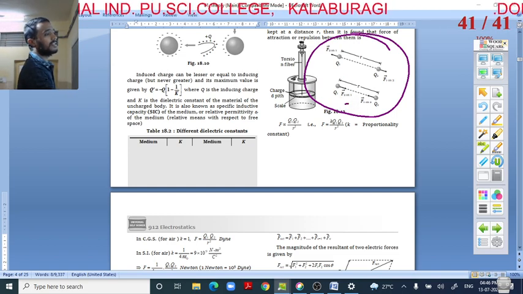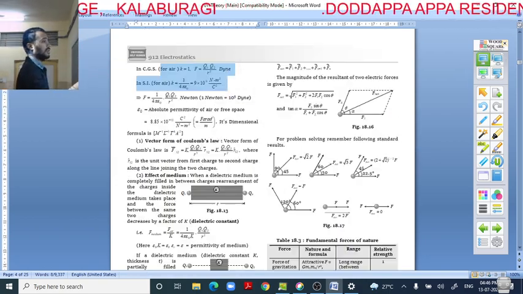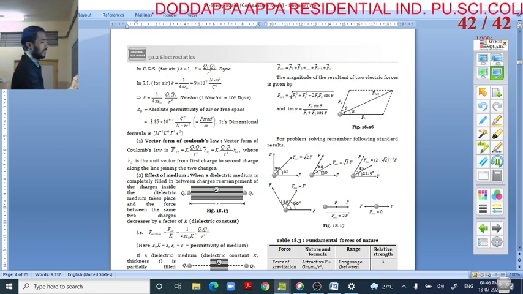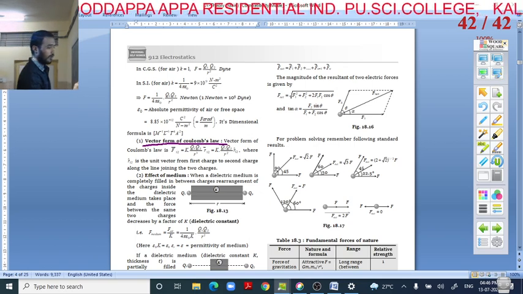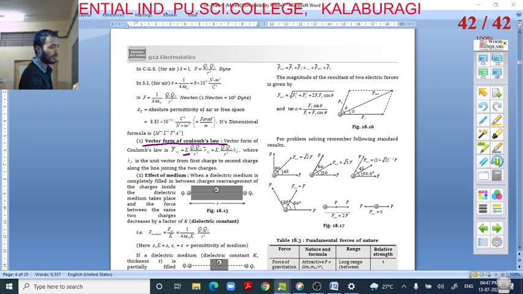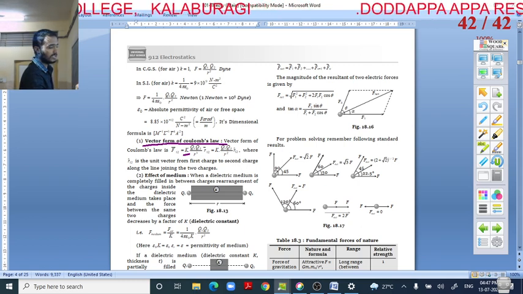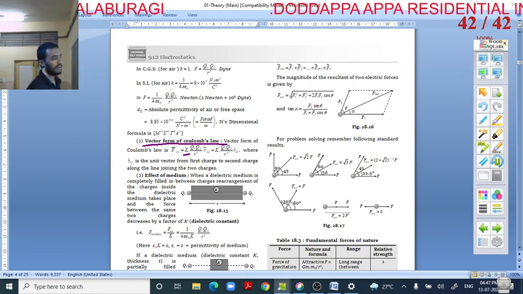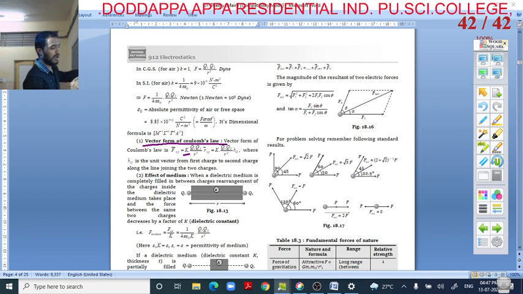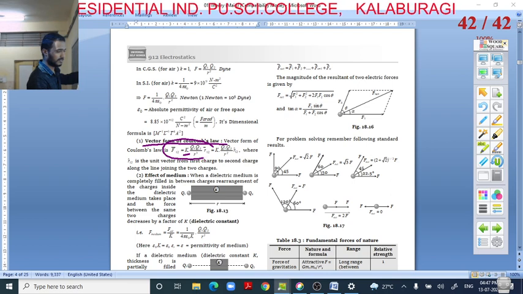Okay, based on this discussion, here he has given the vector form: F12 is equal to 1 by 4 pi epsilon naught Q1 Q2 divided by R square, times r hat. Here small r is the position vector which gives the direction, R12.